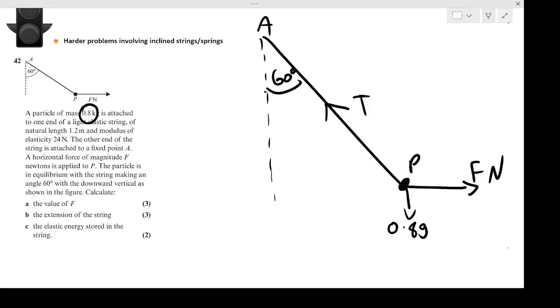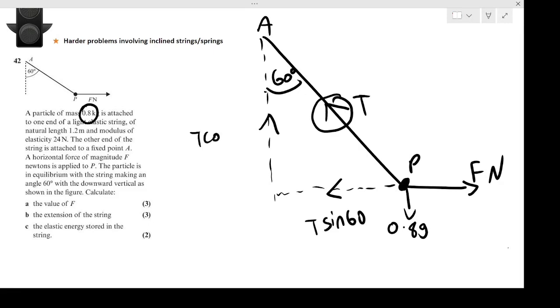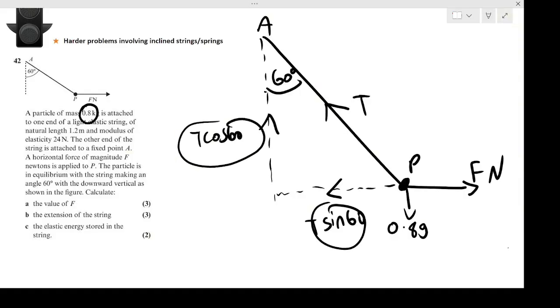So if you want to go up like this, well, we can also go to the left here, then up here. Okay, so this component is going to be T sine 60, and this component is going to be T cos 60. Okay, again, this is sine, it's opposite the angle, so there we are. Okay, and cos here, because it's adjacent to the angle. Okay, there we are. So that's all the forces labelled.